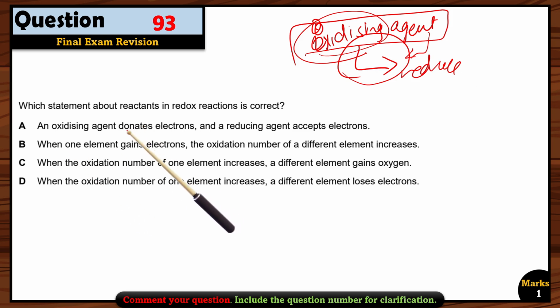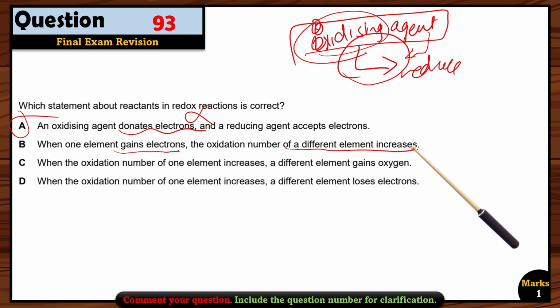So, an oxidizing agent donates electrons. Wrong. Why can an oxidizing agent not donate electrons? Because it is reduced. So what does it mean? It gains electrons. Reduction is actually the process of gaining electrons. So that's why this option is wrong. When one element gains electrons, the oxidation number of a different element increases. If one element is gaining an electron, what does it mean? It means it is reduced, right?